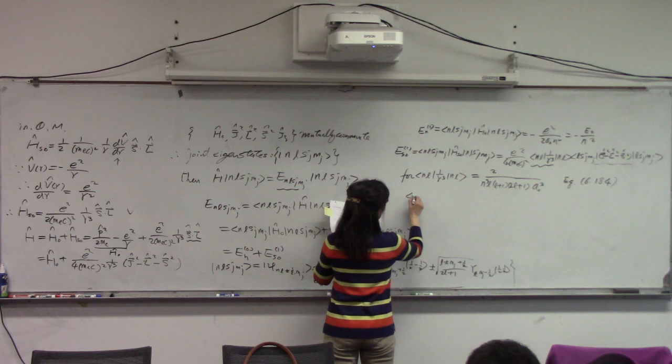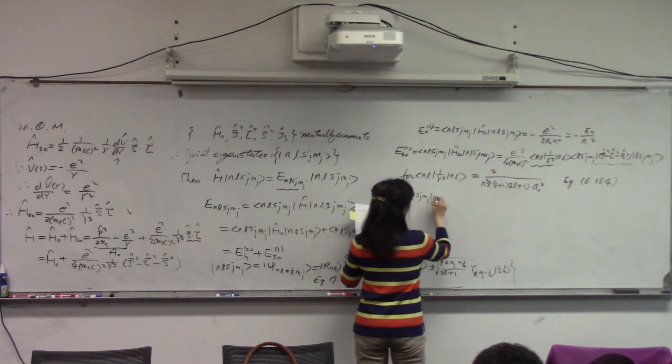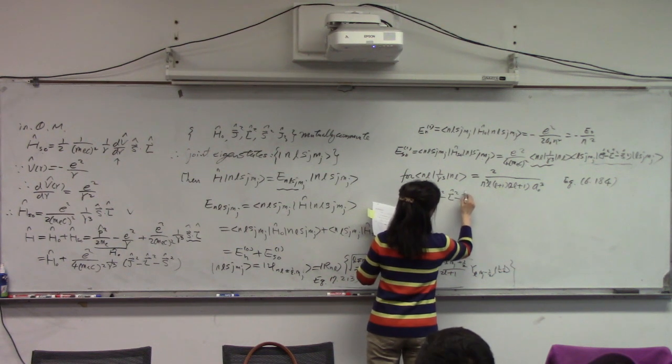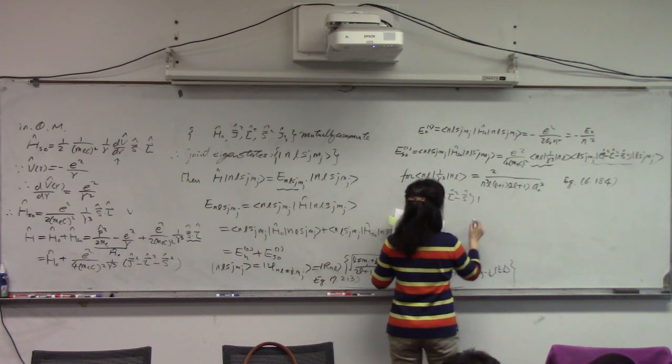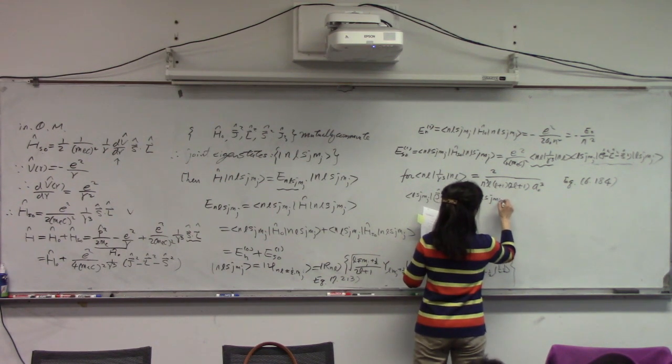Then for this one, the angular part, J squared minus L squared minus S squared, we know the eigenvalues of these, so we know.